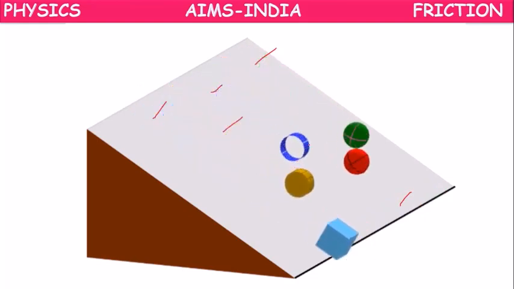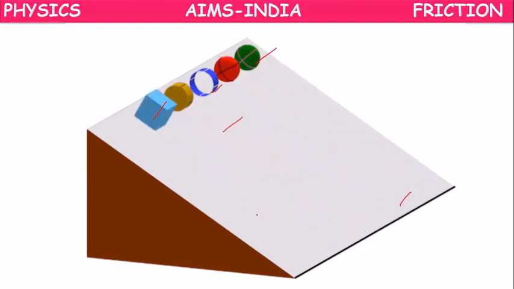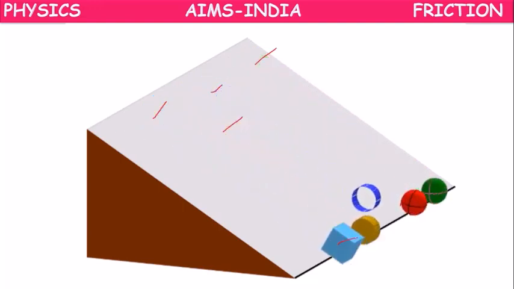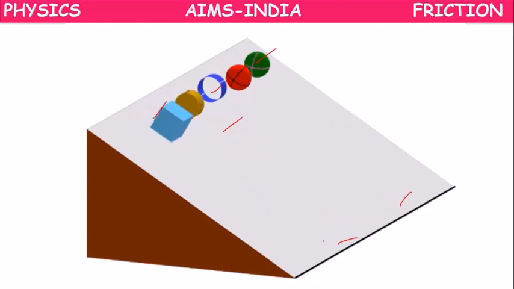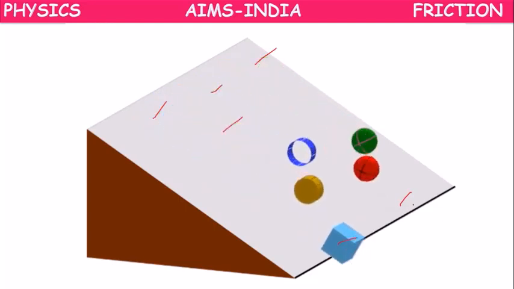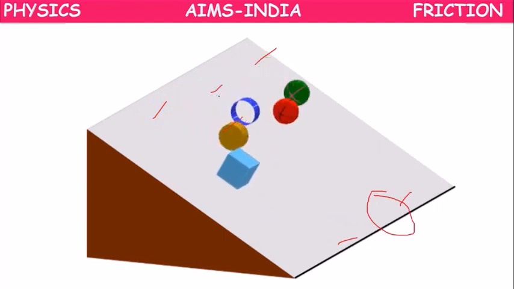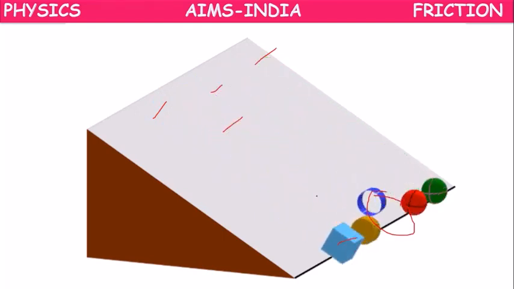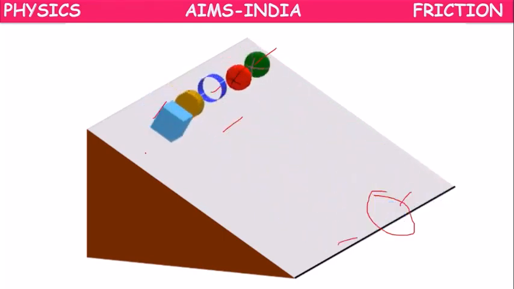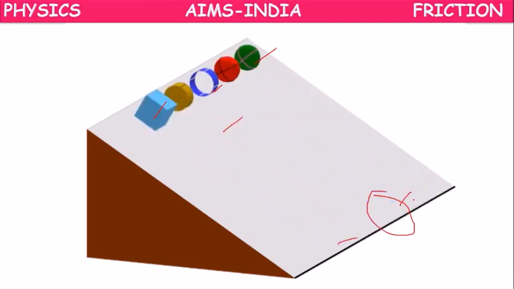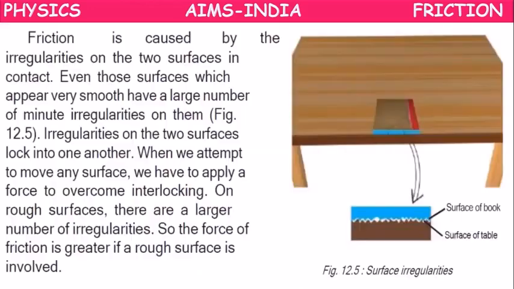All are made up of different materials. So that's why some of them come early. This square block is touching the ground early, and this bangle shaped one is touching the ground late. Because the surfaces in contact are different, the time taken by them to reach the ground is also different.